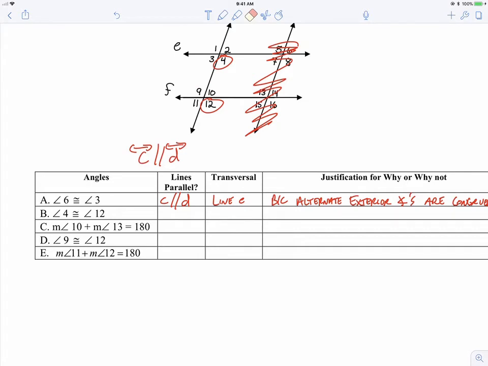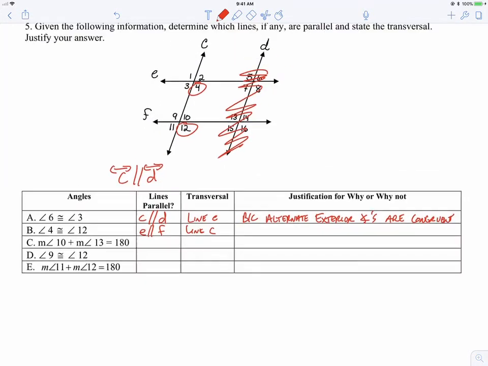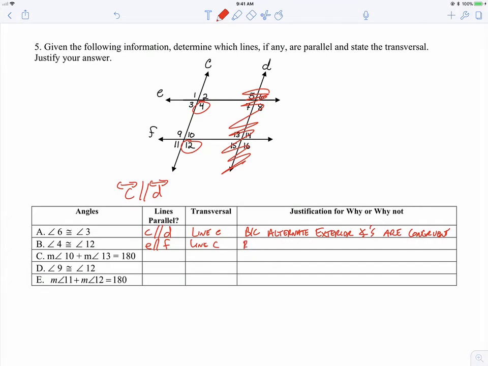So corresponding are supposed to be congruent. So that does mean that line E is parallel to line F. The transversal is line C. And the justification is because corresponding angles are congruent.